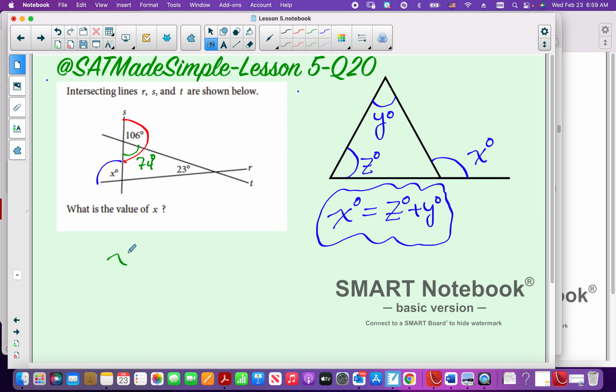So x is equal to 74 plus 23, and that will be 97 degrees, the value of x. There are other ways you can do that as well, but that is probably the easiest method you can use.